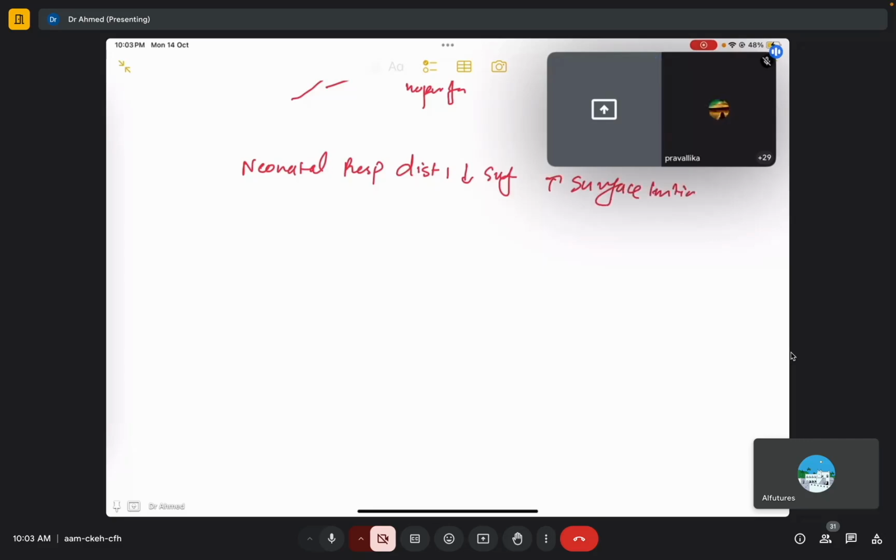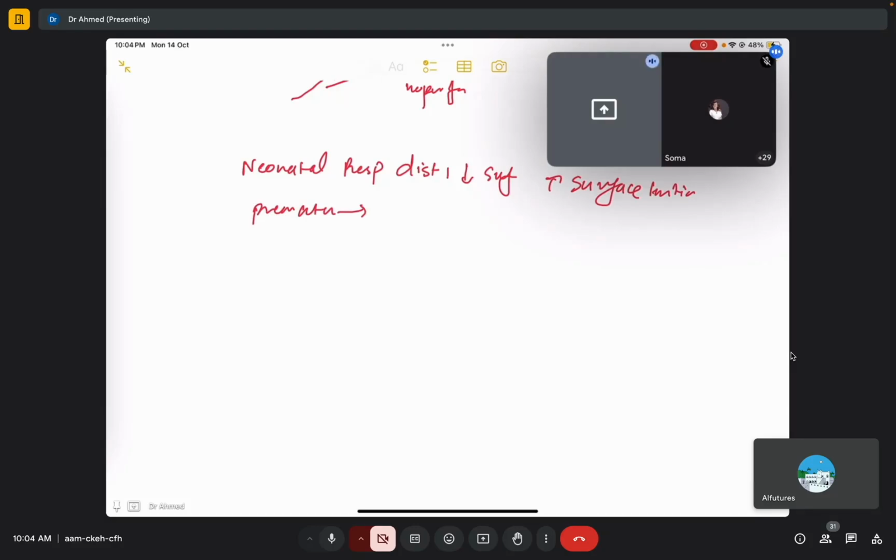Can you tell me some of the risk factors? Prematurity. If we have prematurity, it means the type 2 cells aren't mature enough to give you surfactant, so it can lead to neonatal respiratory distress syndrome.